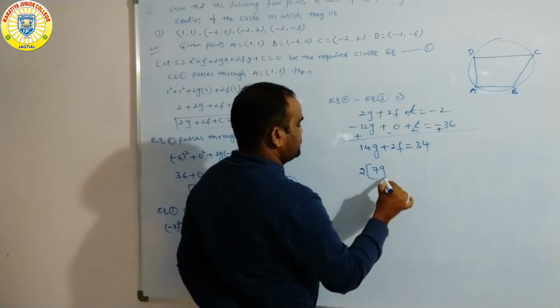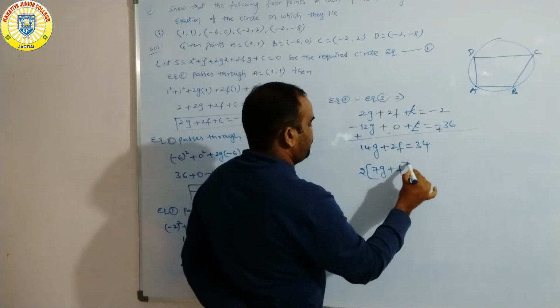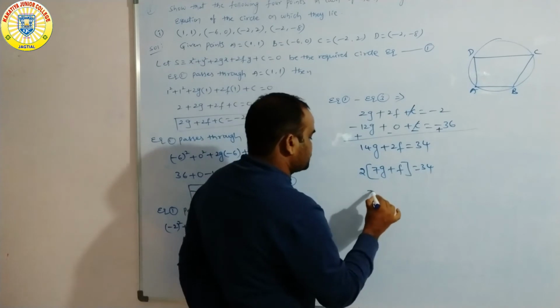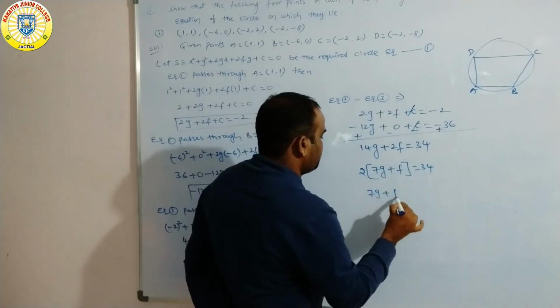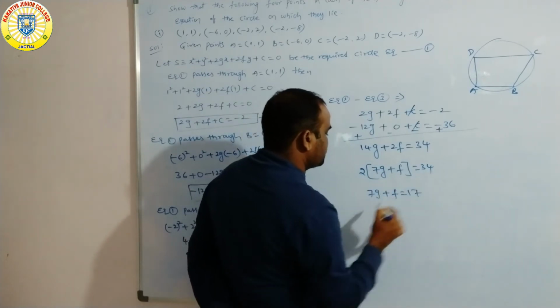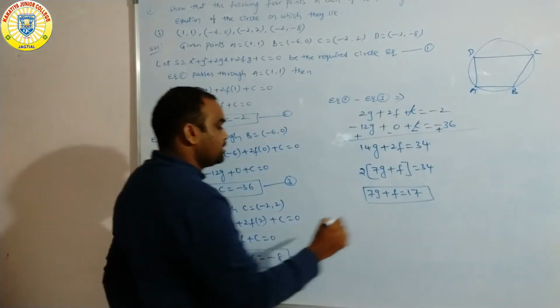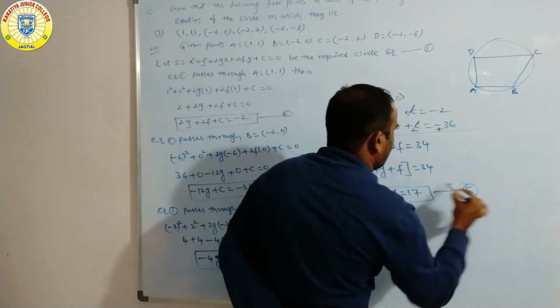Remaining 7g plus f is equal to 17. This is equation 5.